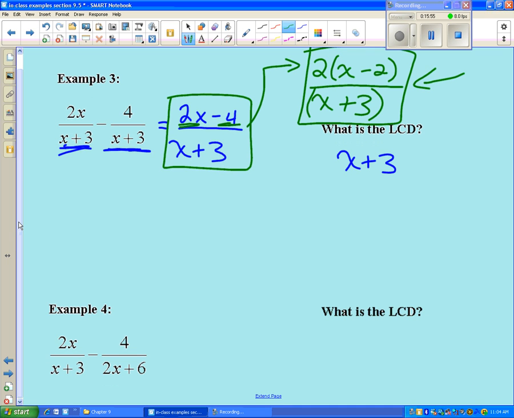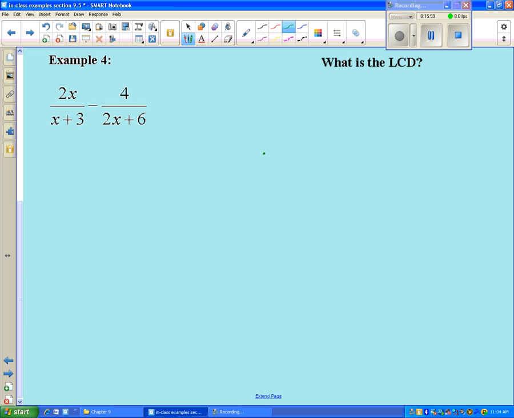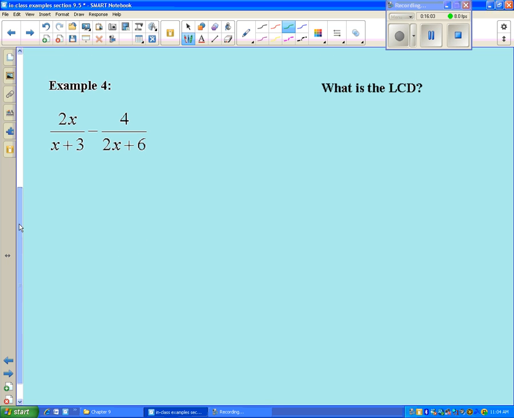So let's try number 4. Number 4, I'm going to put that all the way up at the top. I want to factor out my denominator so that I can see all the possible factors.